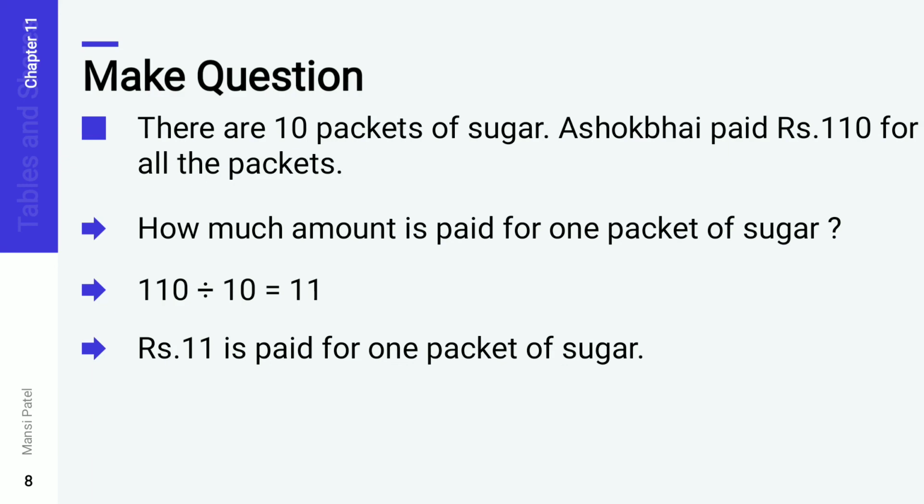Like see here, they were given the total number of packets and the cost of all the packets. Therefore, here we are making the question for division, that is, how much amount is paid for one packet of sugar. Let us see the next one.